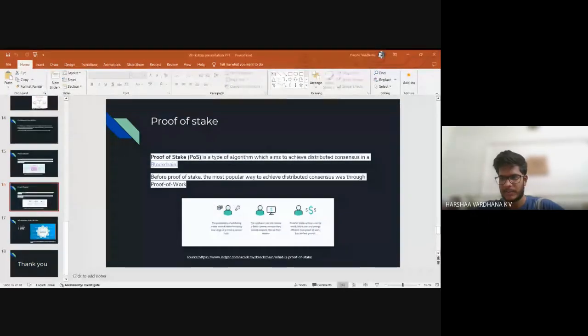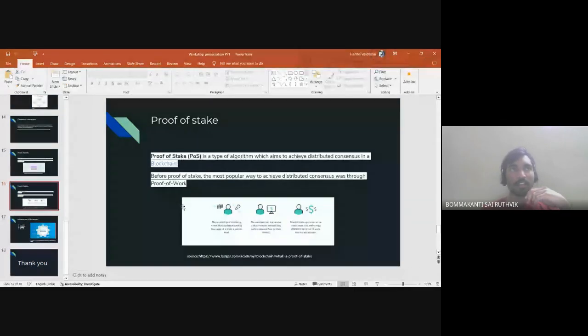Proof of stake is a type of algorithm. There are many consensus algorithms like proof of work, proof of stake, delegated proof of stake, proof of authority, and many more. The main algorithms which we mainly see are proof of work and proof of stake.